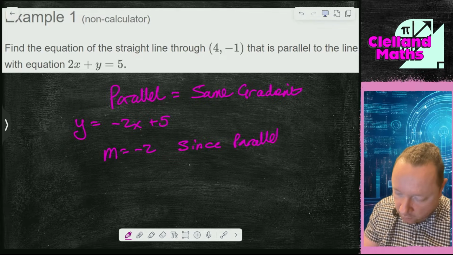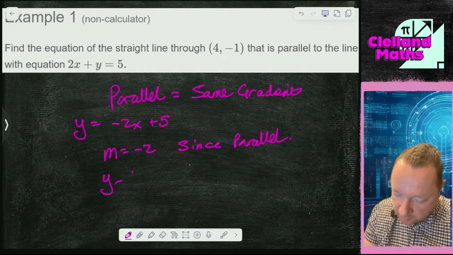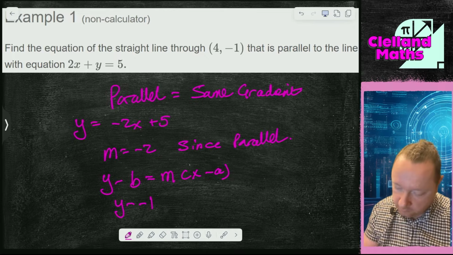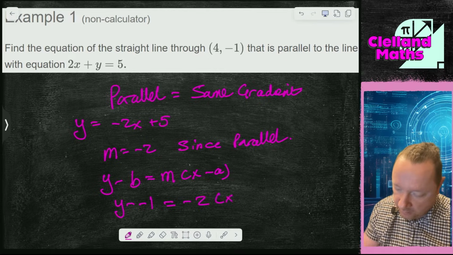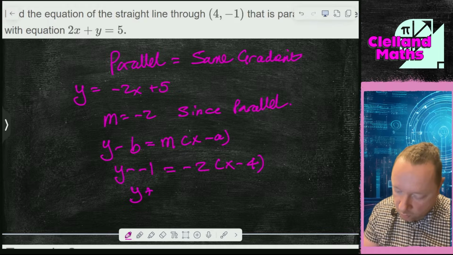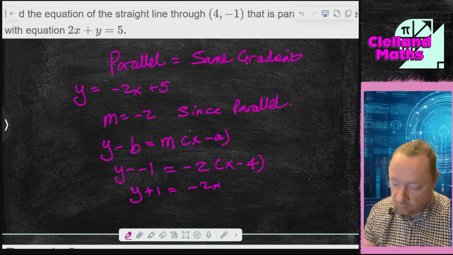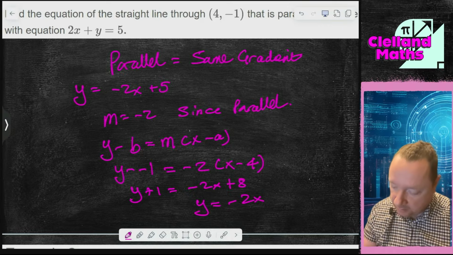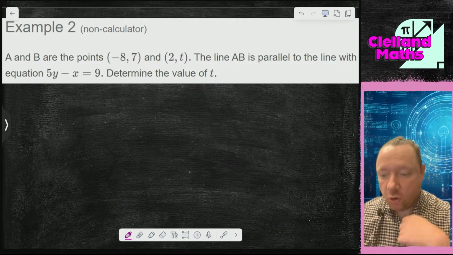Now all we need to do is y - b = m(x - a) as normal: y - (-1) = -2(x - 4). So y + 1 = -2x + 8, or y = -2x + 7. And we're done there.